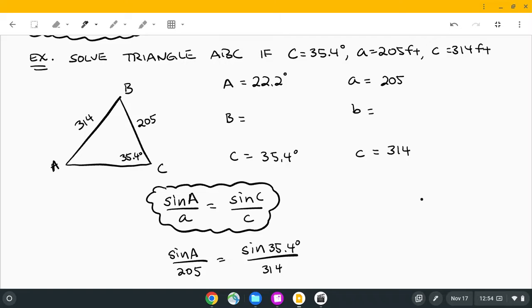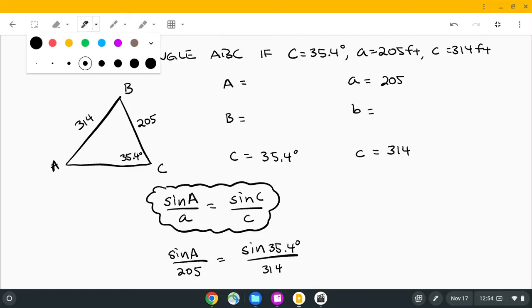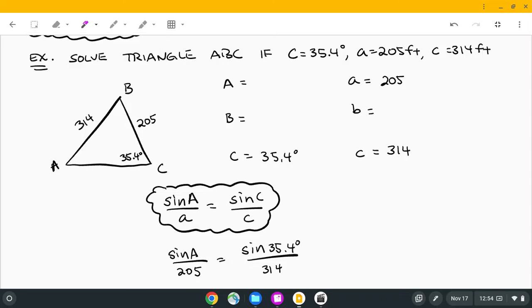Okay, so here, let me put all the ones that we're solving in purple. Let me rewrite that one, that way we can keep track. So what happens is if there is a second triangle, then all the purple stuff will have two answers.